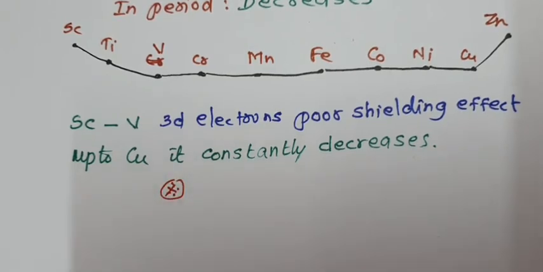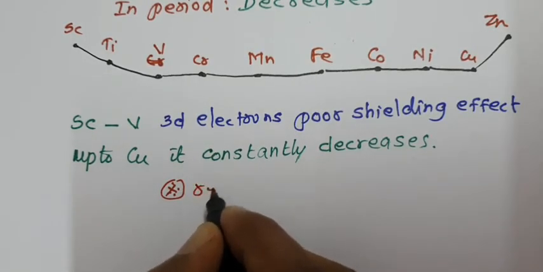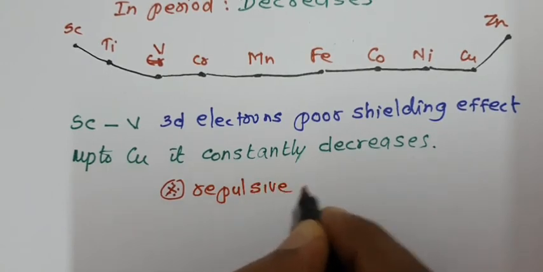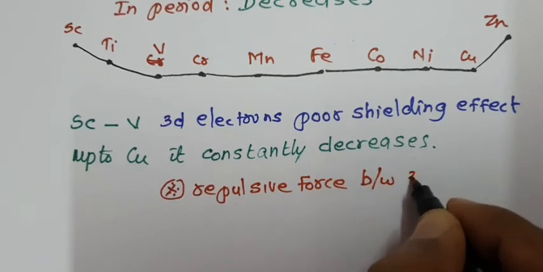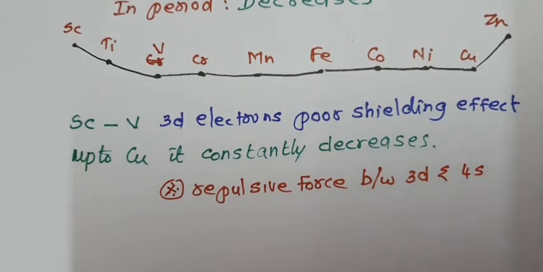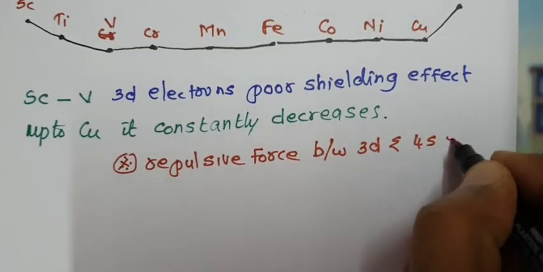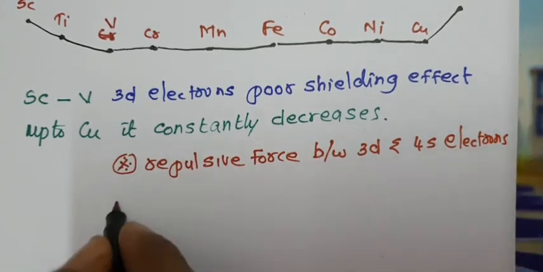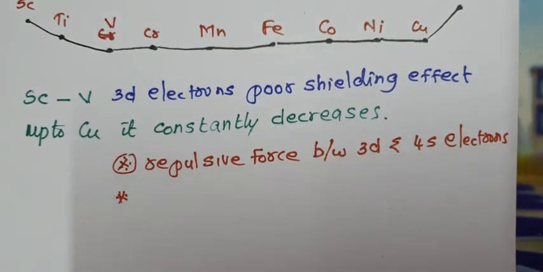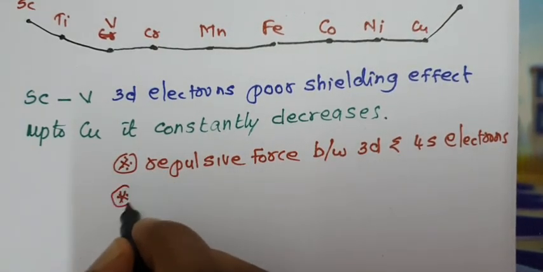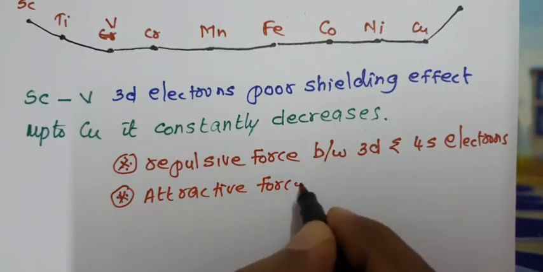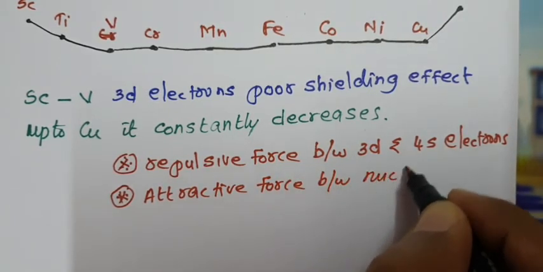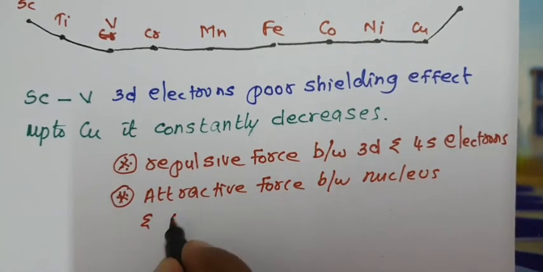One force is the repulsive force between 3d and 4s electrons, and one more is the attractive force between the nucleus and the 4s electron.